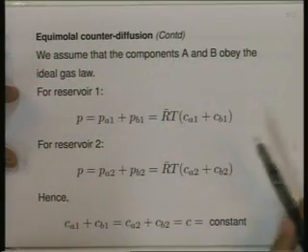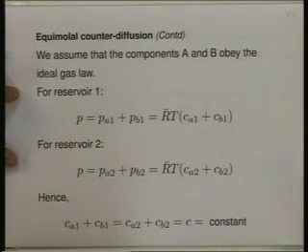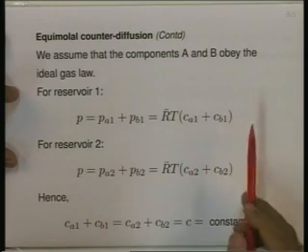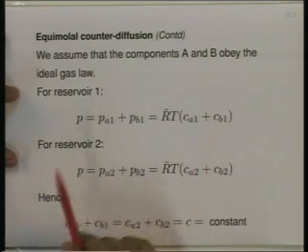We have already assumed that the two components are ideal gases or obey the perfect gas law. Because of this, we can write the molar concentrations directly in terms of partial pressure. Let us look at reservoir 1.